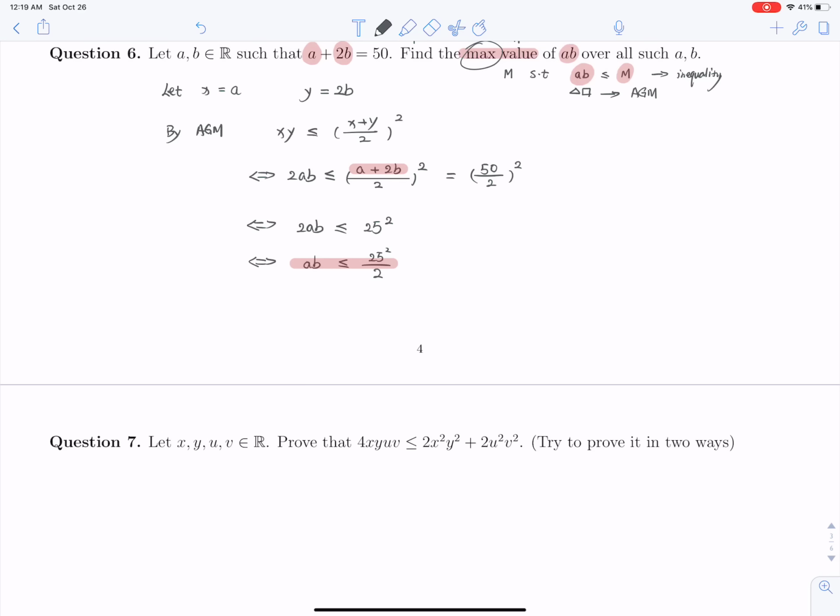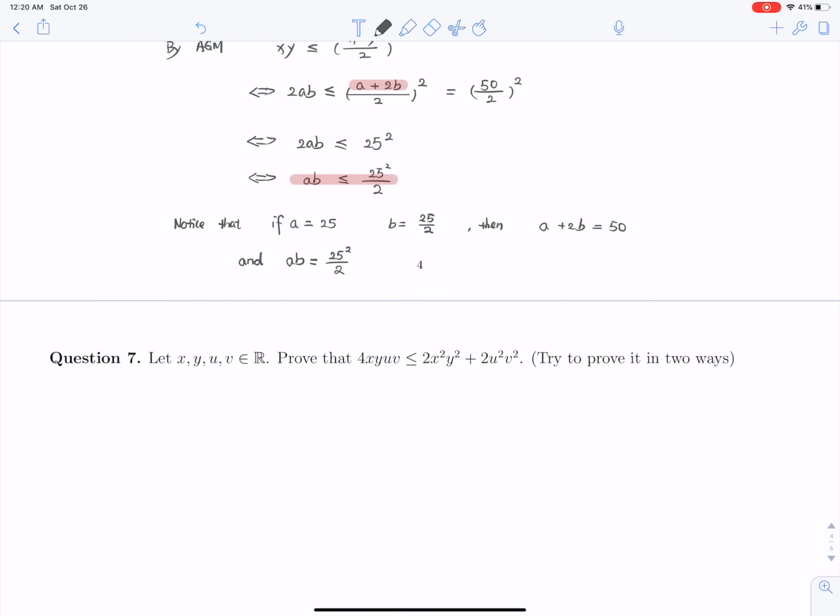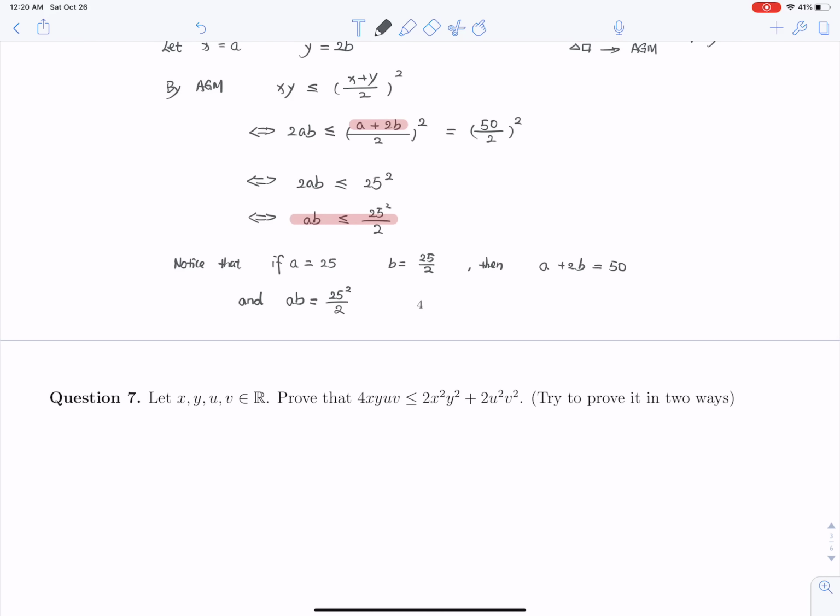So notice that if a equals 25, b equals 25 over 2, then a plus 2b equals 50, and a times b equals 25 squared over 2. Then you are done. Okay, now you can say your maximum value of ab is this whole thing.